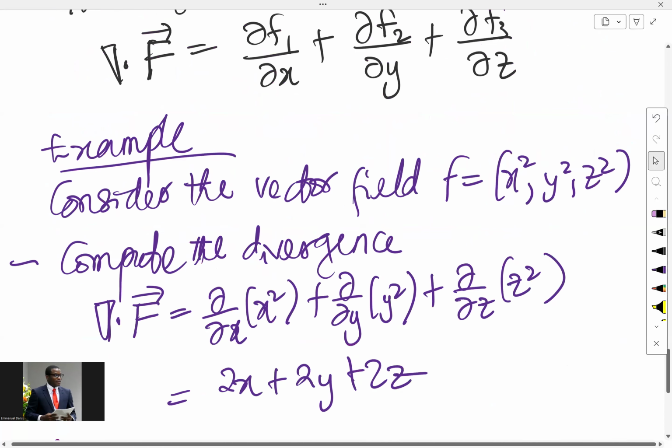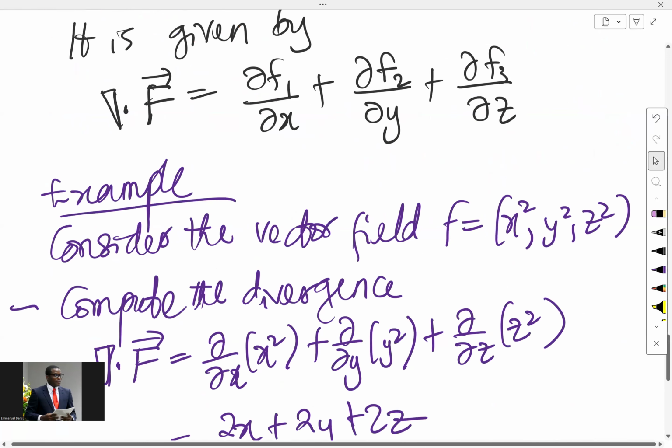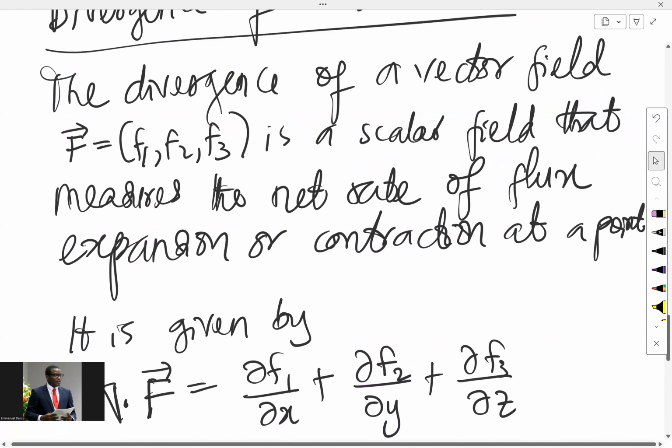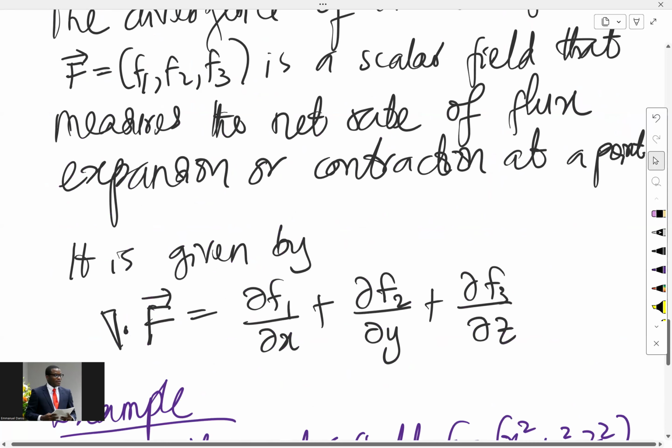So since we talked about divergence of vector fields, now let's go and talk about the curl of vector fields.